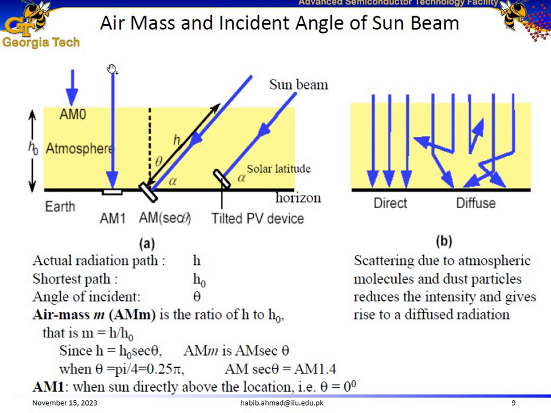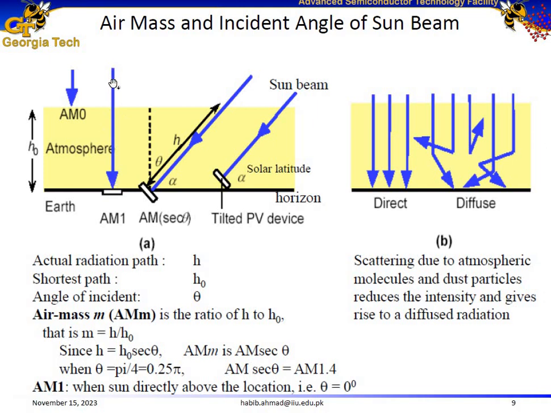Now another situation is this solar spectrum passes through the atmosphere vertically. Assume that this is our Earth. So it directly passes through the atmosphere, making a 0 angle with the vertical axis. This is called a solar zenith angle of 0 degrees.